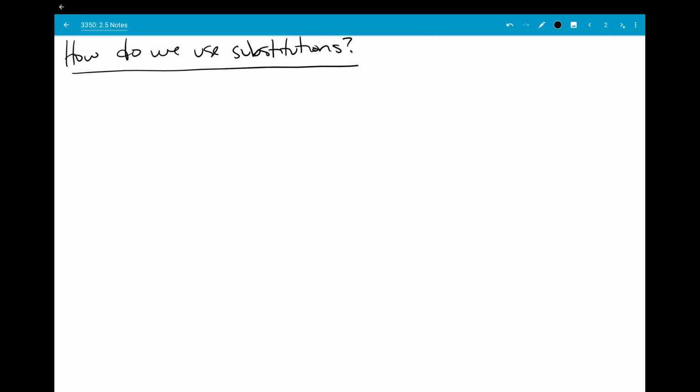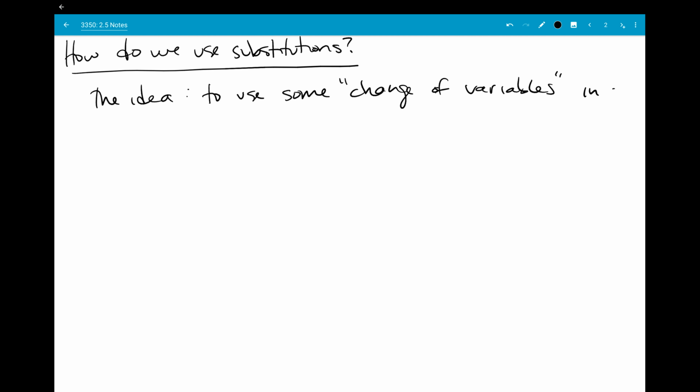The general idea for this section is that we're going to use some kind of change of variables in order to turn any ODE we have that we don't necessarily know how to solve into one that we can solve.